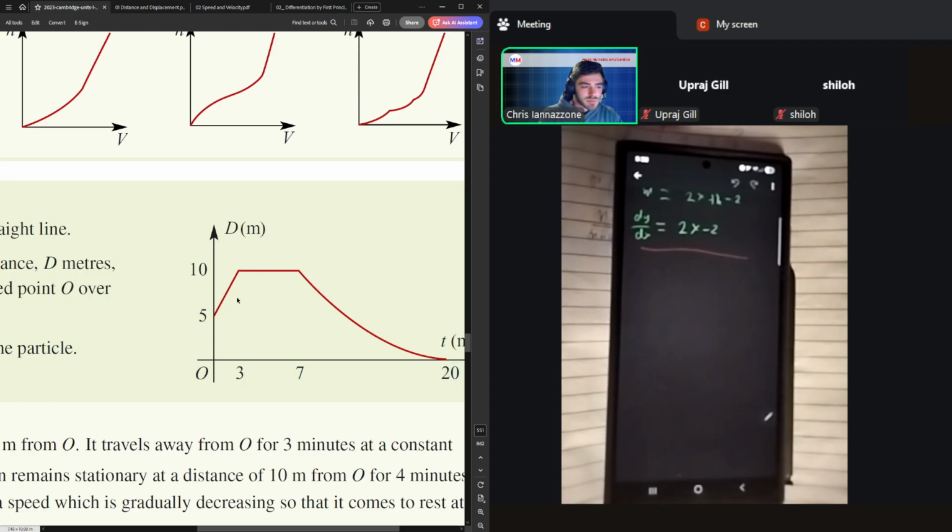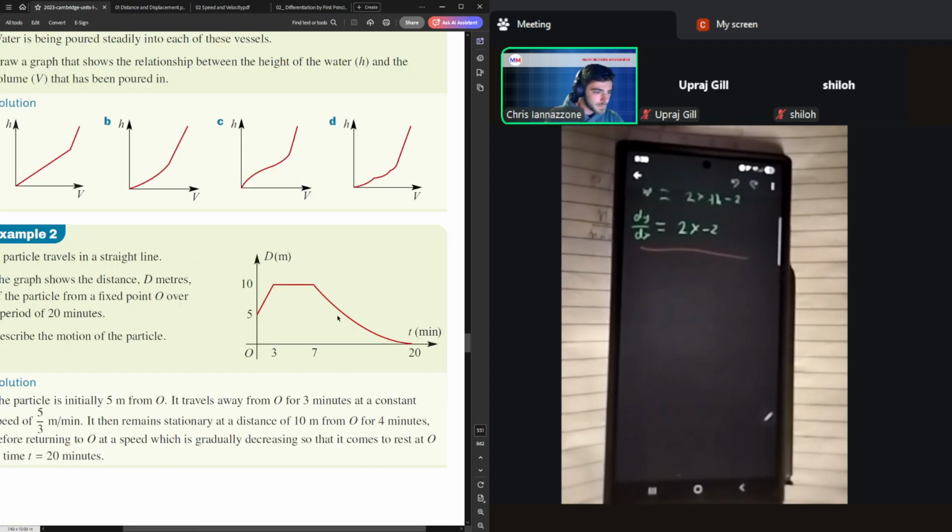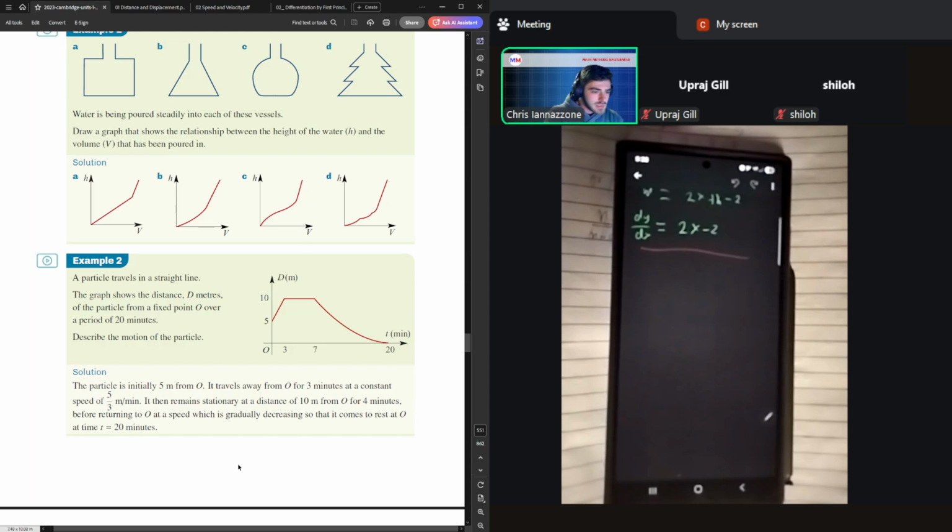But the bulk of it is just going to be working on your straight line stuff for speed, and then everything else is what it is. Any questions as to how to interpret those graphs? That's probably the only key thing that's new enough to this area of study.